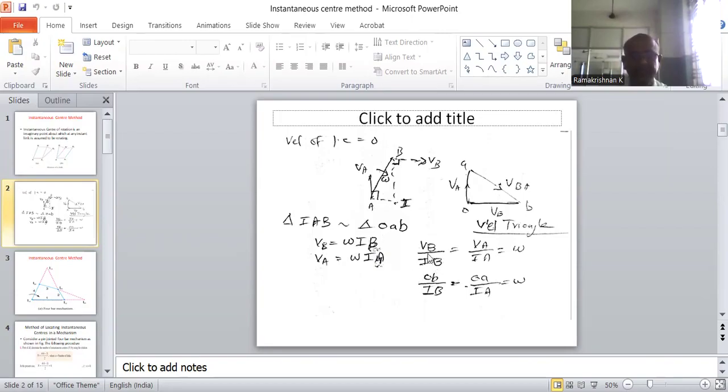Here VB by IB equals VA by IA equals omega. The velocity of point B can be written in vectorial form as OB, and similarly the velocity of point A is rewritten as OA. From this relation, we can calculate the angular speed and also other unknown parameters from the known parameters.